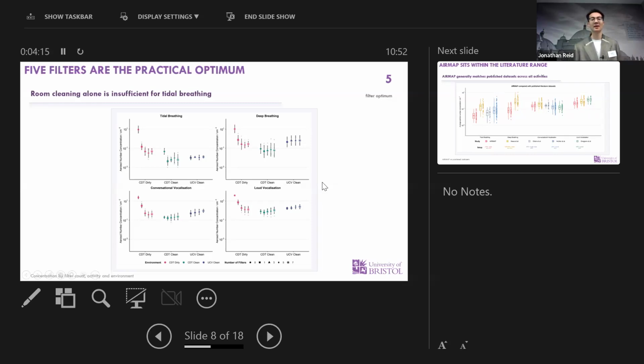From left to right, there are 0 filters, 1, 3, 5, and 7. We found that 3 and 5 filters are really our sweet spot. Any number beyond this might just cause increased breathing resistance that will alter, increasing the number of aerosols emitted by the participants. So finally, we chose 5 filters in 2 legs as our final setup.